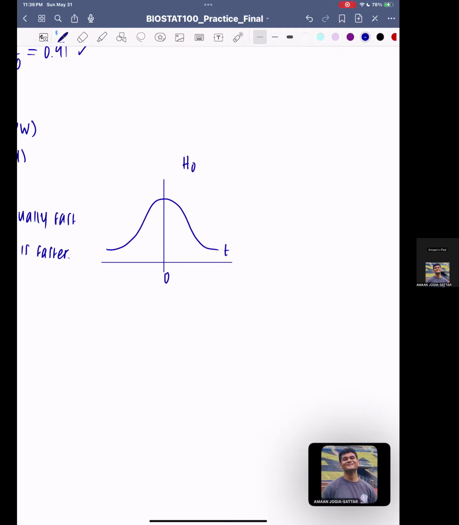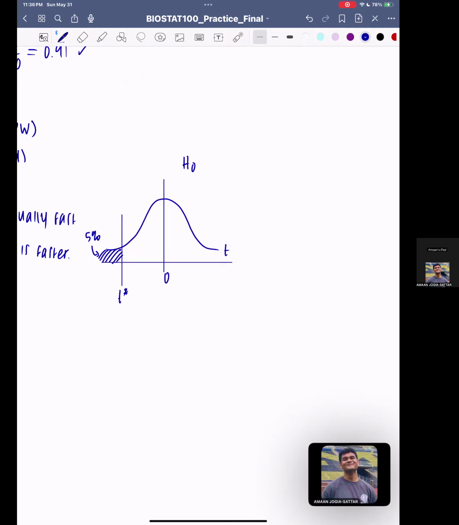Well, what we're interested in is this region right here. This is the region where we'd have a t-critical value, where a certain percent of the observations, in this case, it's one-tailed at 5%. So maybe we can say this area is equal to 5%. 5% of the values are as or more extreme in this direction than this empirical T star.